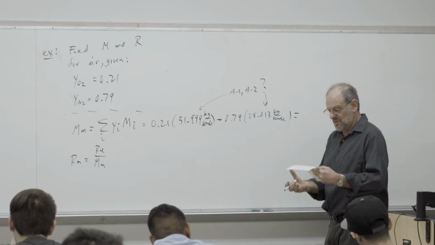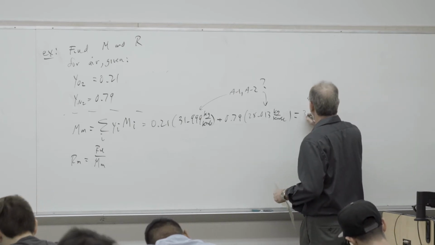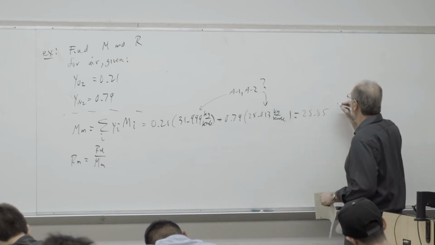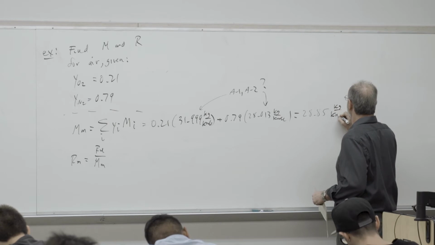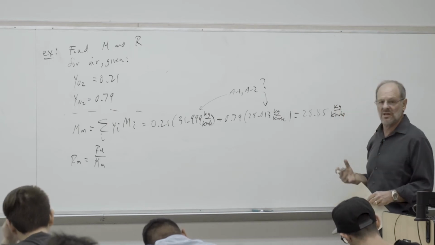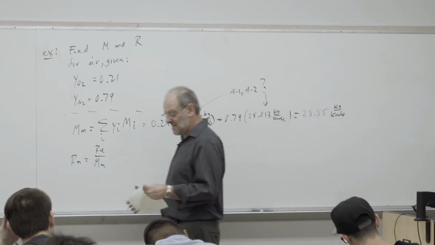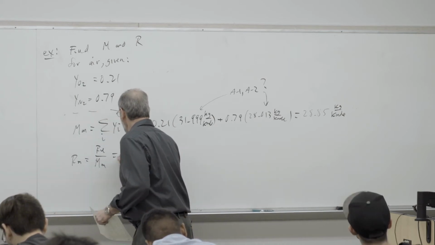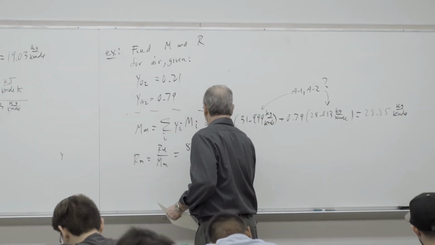And what we end up with is 28.85. And the units are kilograms per kilomole. And there would be a calculation of the molar mass for our mixture, which is nominally air. And then we do the same thing as previously.